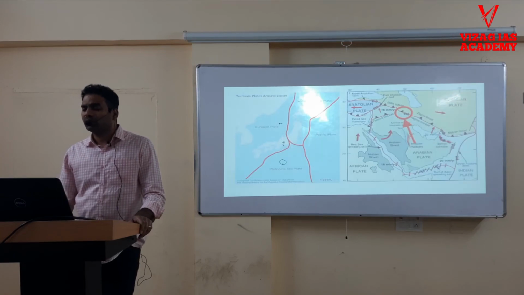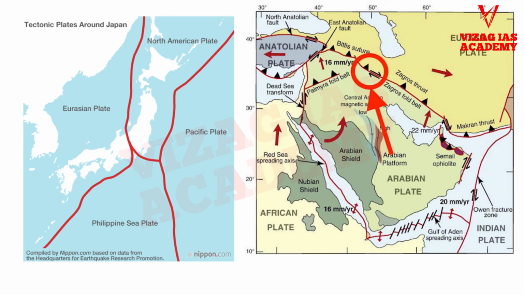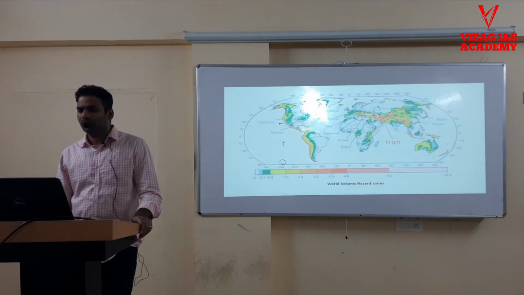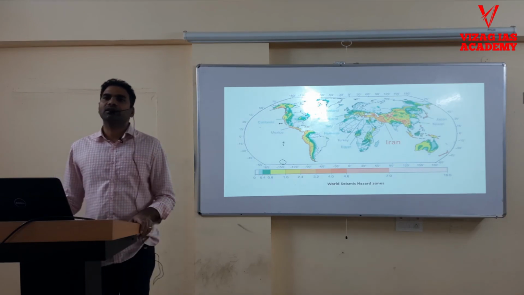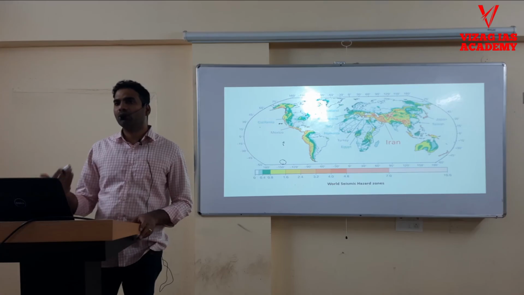Look at the West Asia belt, particularly Iran. There is the Arabian plate, Anatolian plate, and again the Eurasian plate, and all this is a collision zone. So you have high chances of earthquakes. This is just one area, and if you have a question like this, you have to do your homework like this.